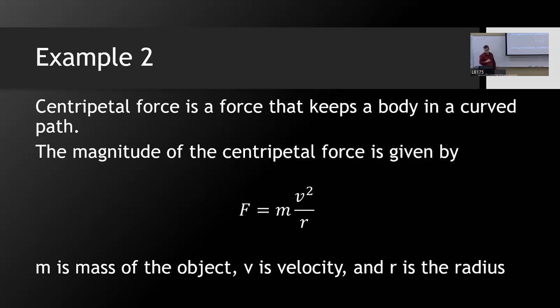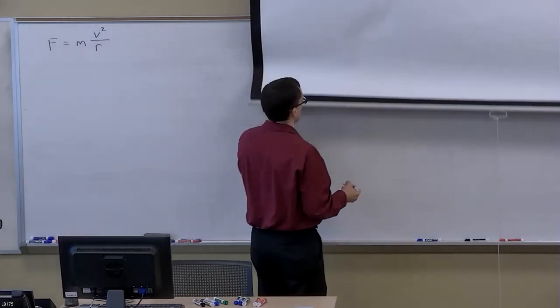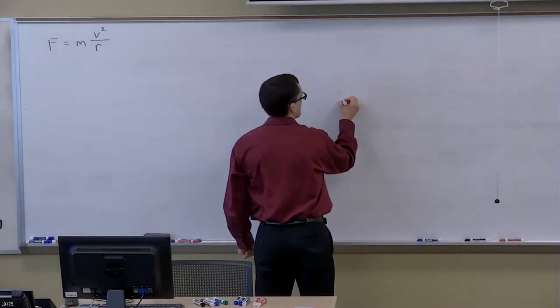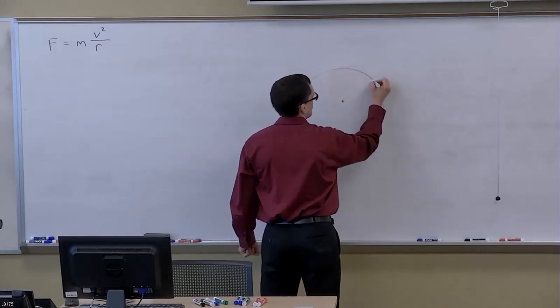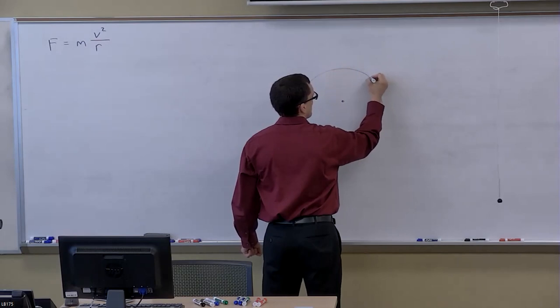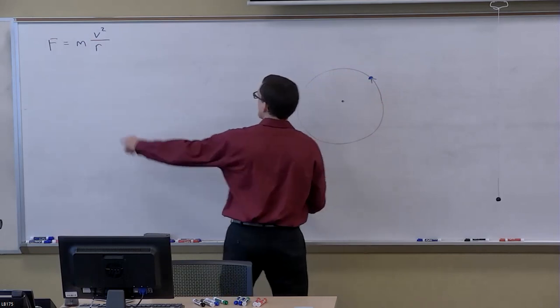So the mass times velocity squared divided by radius. Does that make sense? We kind of know it. Just draw a very quick picture of the centripetal force. If you have some object spinning around in a circle, how fast it's spinning, that's your velocity.